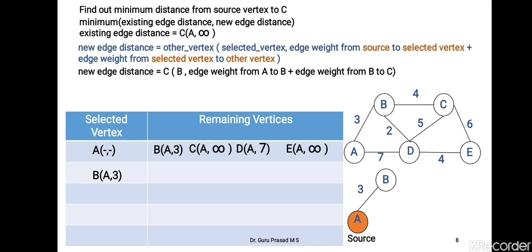That is C of B comma 3 plus 4: the edge weight from A to B is 3, plus the edge weight from B to C. Observe the graph, the B to C edge is 4. It becomes C of B comma 7. Now the minimum of C of A comma infinity and C of B comma 7. Which one is minimum? C of B comma 7.